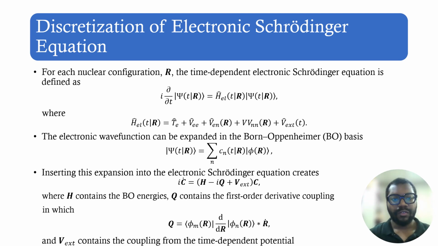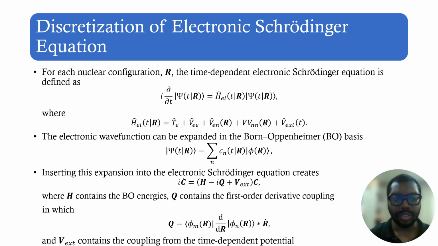As stated before, for each nuclear position R, which is determined based off of classical Newton dynamics, we derive a time-dependent electronic Schrodinger equation as the following, in which the Hamiltonian is the attraction and repulsion of electrons and nuclei, as well as a time-dependent potential.